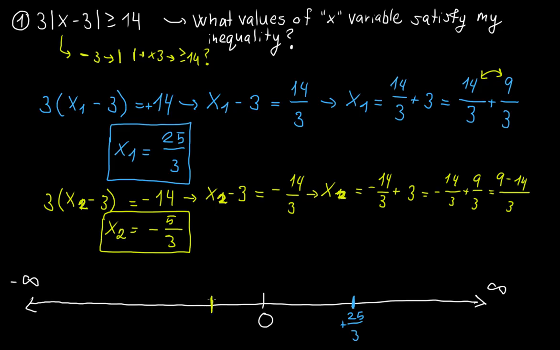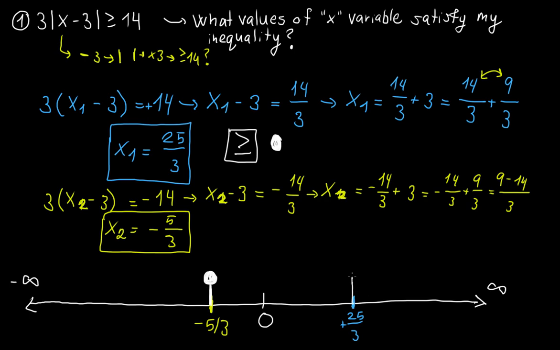So we can put it somewhere here, negative 5 thirds. Now, it's really important to check what kind of operator, what kind of symbol we have. Our symbol is larger than or equal to, which means that I use a filled point to represent my interval. So I can draw a line. You can also draw it directly on the line.